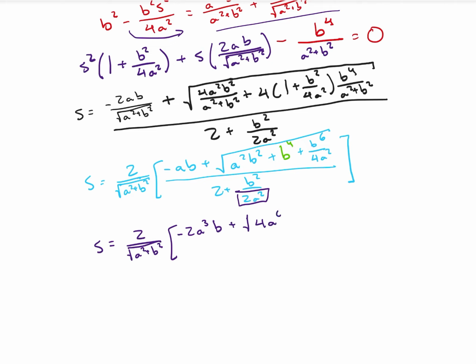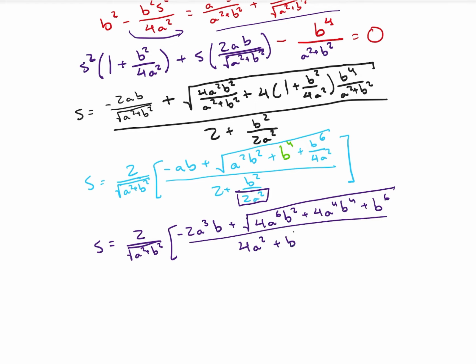It's going to be 4a to the sixth b squared plus 4a to the fourth b to the fourth plus that 4a squared is going to cancel, and we're just going to have b to the sixth, and that's all over 4a squared now plus b squared. Okay, and that's as much as I'm going to try to clean this guy up.